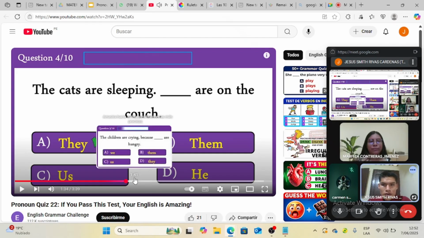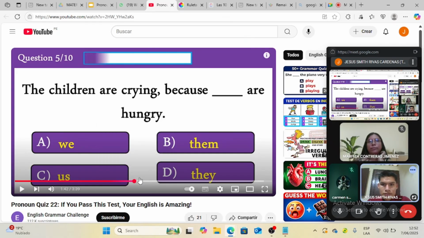Now, I want you to write a small text using the English pronouns and possessives we have seen today in our class.